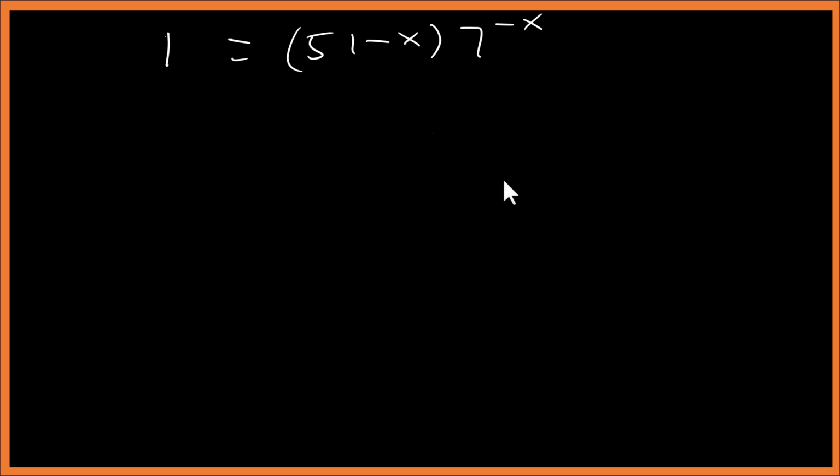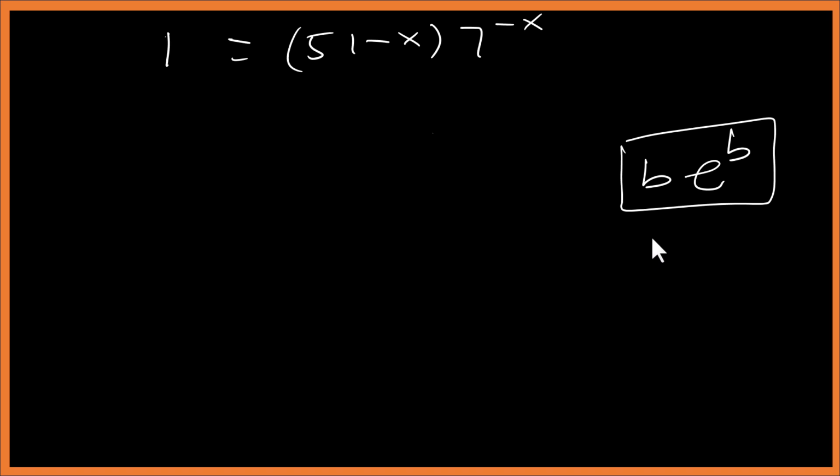Now let's observe something. Before we can go ahead, let's understand this. Something times e raised to that same thing is our target here. Before we can perform the Lambert W function, we should get a box times e raised to the same box. So let's prepare the way by making this side equal to this side. Now we have 51 minus x.